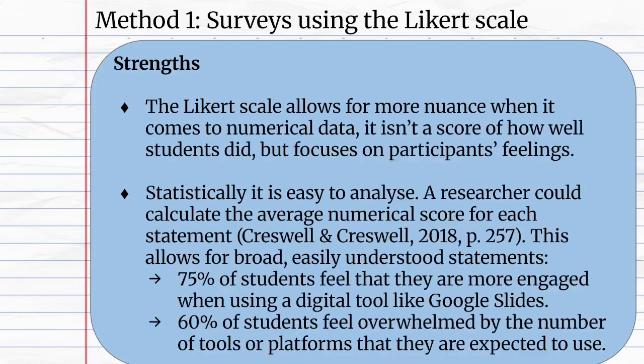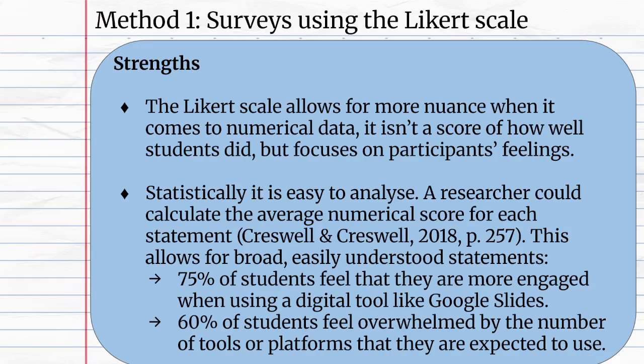Strengths of the Likert scale are, number one, it allows for a lot of nuance when it comes to data that's on a continuum. It doesn't take scores of, say, ability or skill in something, but it does focus on feelings and beliefs, and because of that, it's usually quite easy for people to answer.